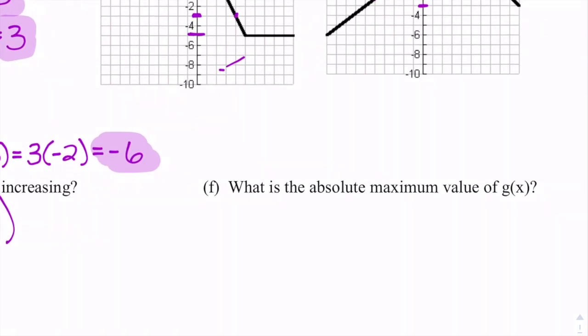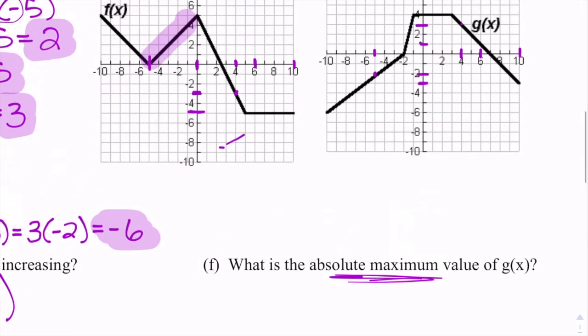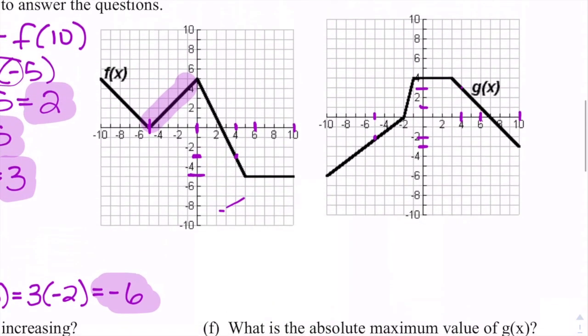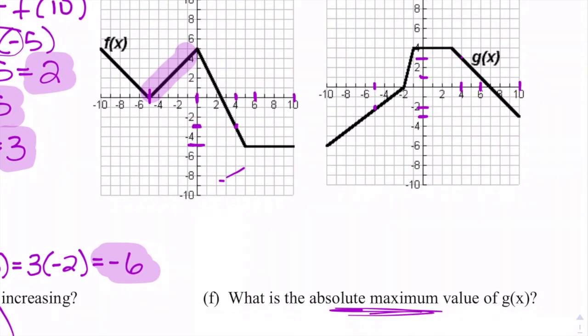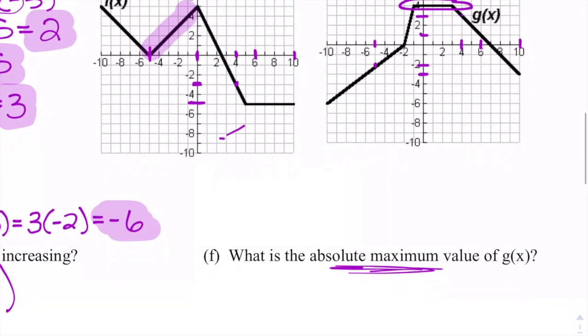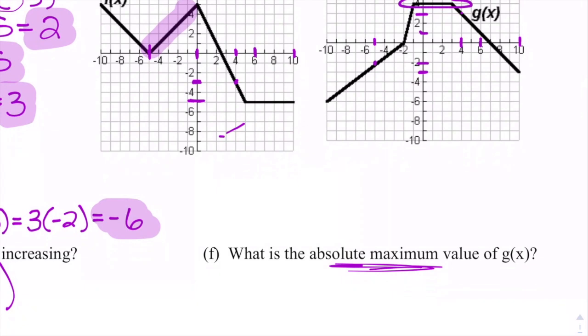And then if we go over here, what is the absolute maximum value of g of x? So remember, maximums are when you have some sort of hilltop, mountaintop, something like that. And so if we come up here to g of x, we have the maximum y value is at y equals 4, but there's several x values in there.